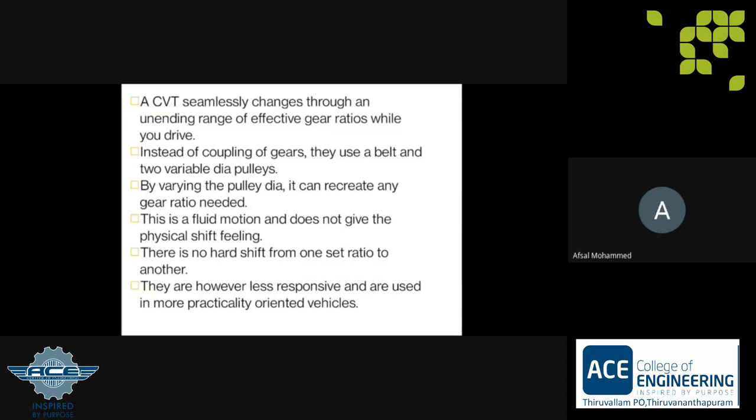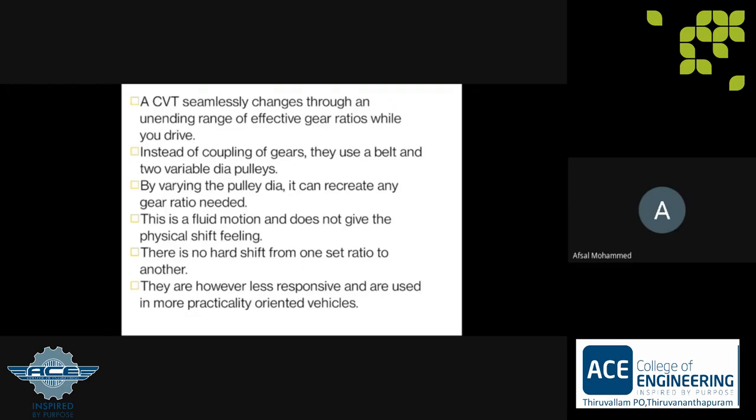And this will cause the car to simply go up in revs. The RPM will suddenly rise. However, the acceleration will not be there. That means it's not as responsive as the other systems. This could be a problem in higher performance applications, and therefore CVTs are not commonly seen in cars that produce higher power or cars that are supposed to go faster.